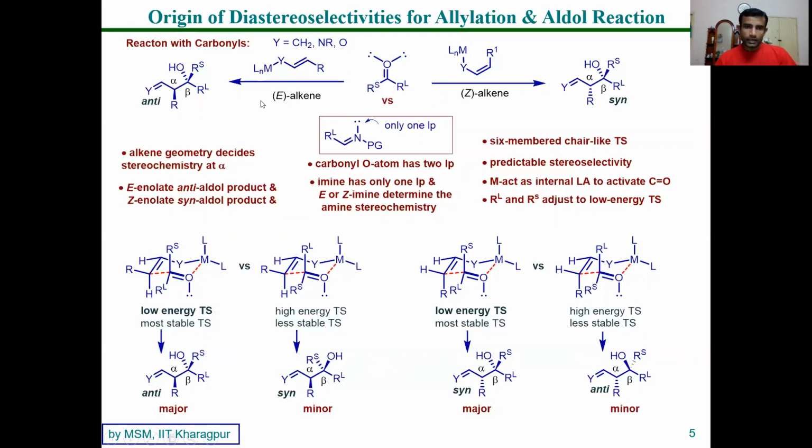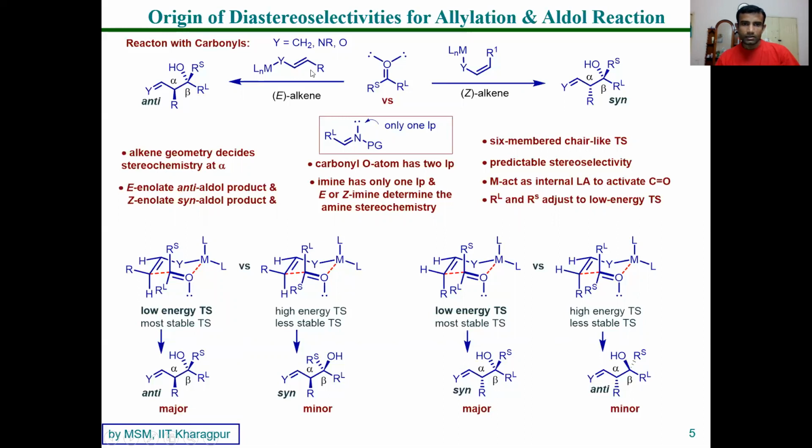If you take an E-alkene here, it can be an enamide, an enolate, or an allyl Grignard, but I am talking about this double bond. So this E geometry will attack this carbonyl compound and give you the anti product. So the alkene geometry decides the stereochemistry at the alpha position.